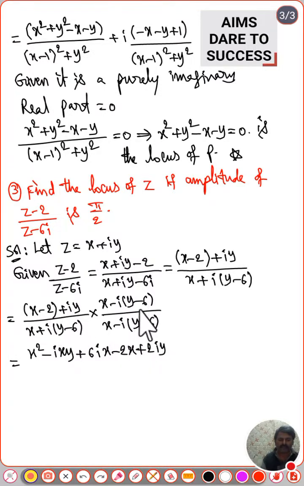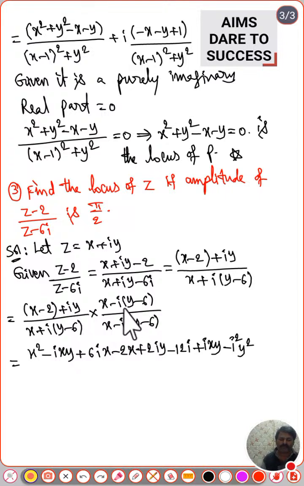Next, minus into minus, plus 6i into minus 2, that is minus 12i. Okay. Next, plus iy into x is plus ixy. Next, plus iy into minus iy is minus i square y square.